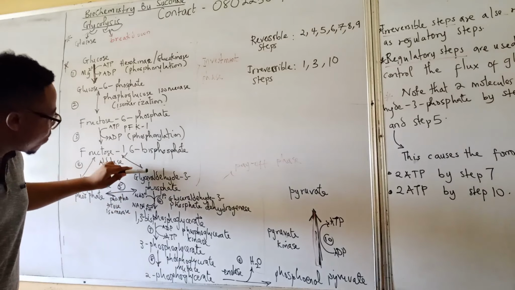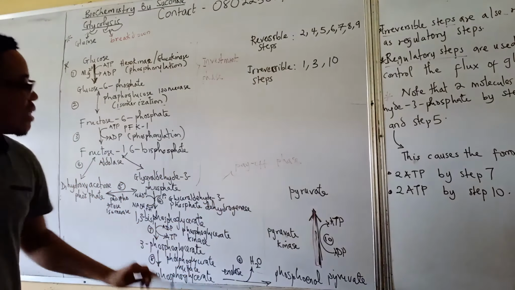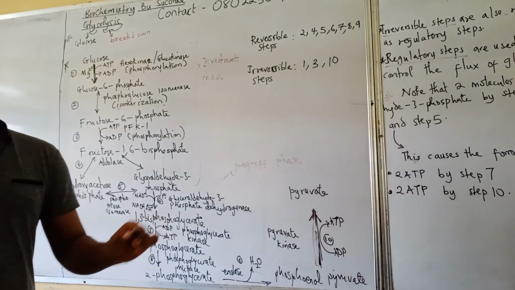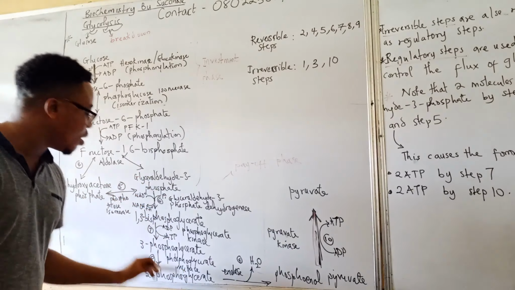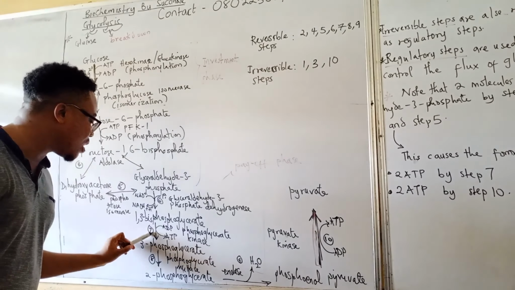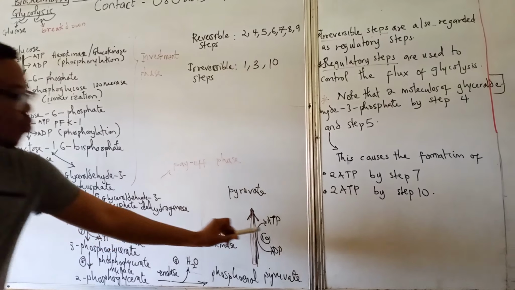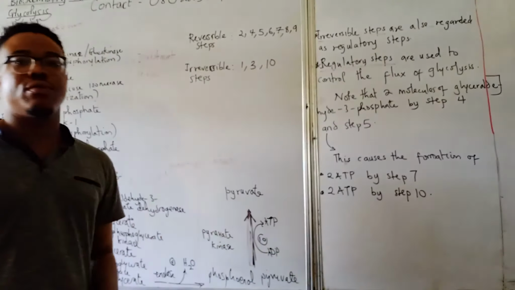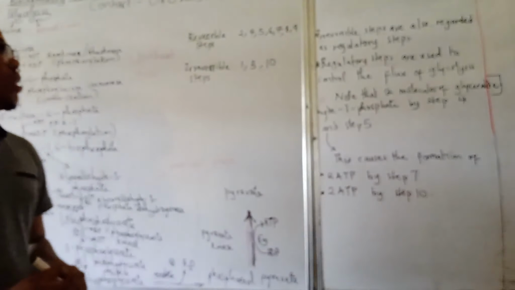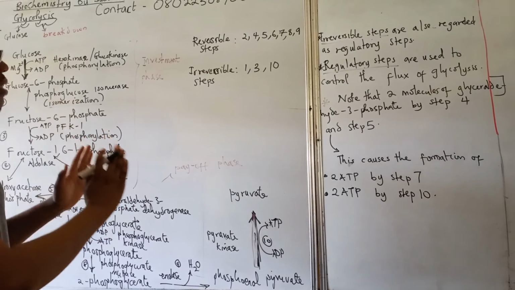Hence, from step 6 downwards, there are two molecules each formed. So if there are two molecules each formed, therefore from step 7 and step 10, two molecules of ATP will be formed here and two molecules of ATP will be formed here as well. Please take note. Alright, that is all for now regarding glycolysis.